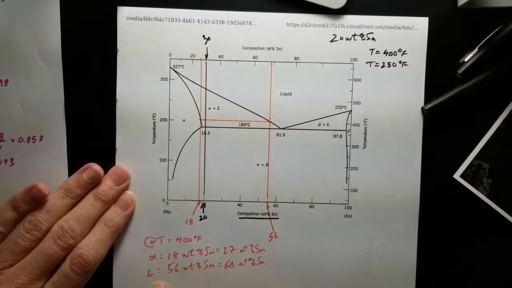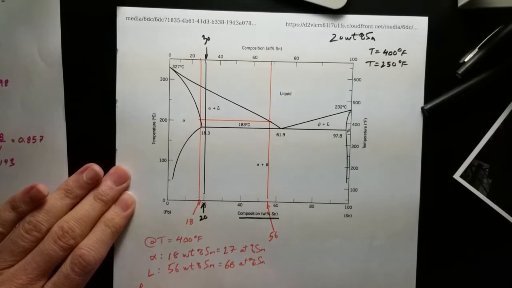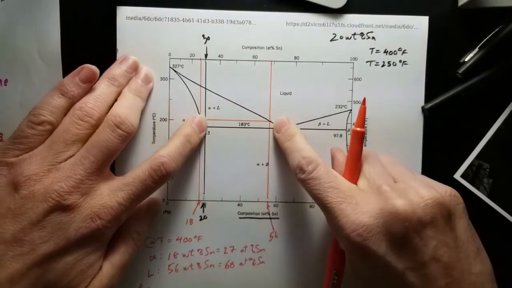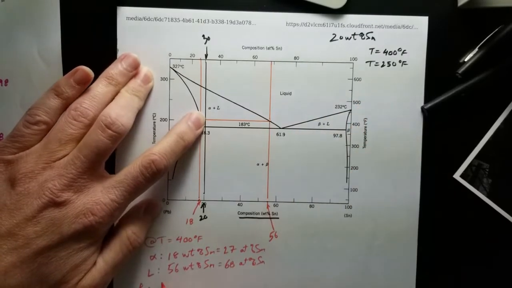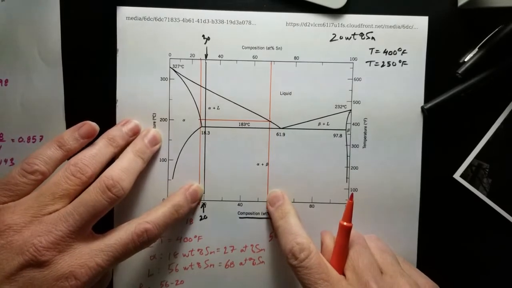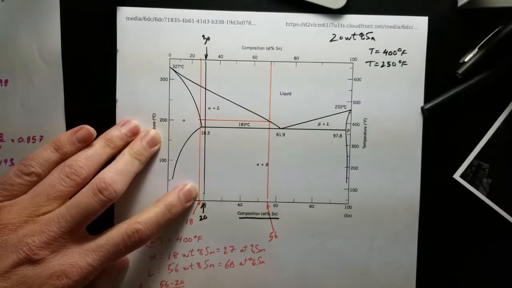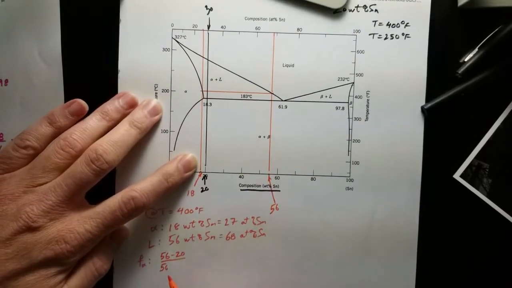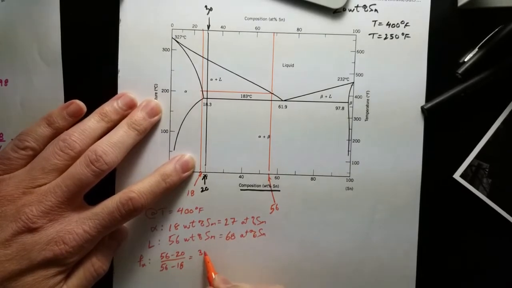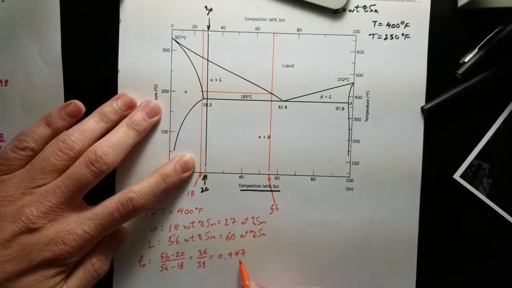Now let's get the phase fraction. The phase fraction of alpha is going to be, so the alpha intersects right there, so we take the opposite side. So we take 56 minus 20, and we divide that by 56 minus 18, which is 36 divided by 38, which is 0.947.